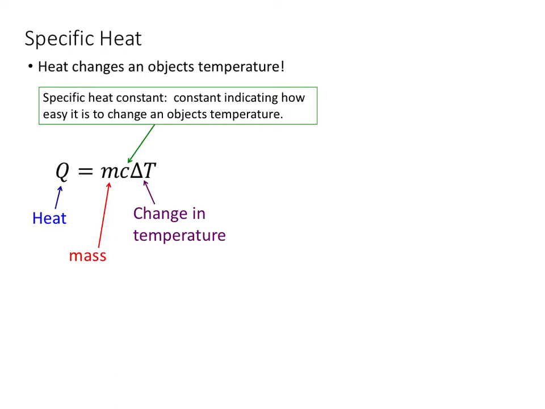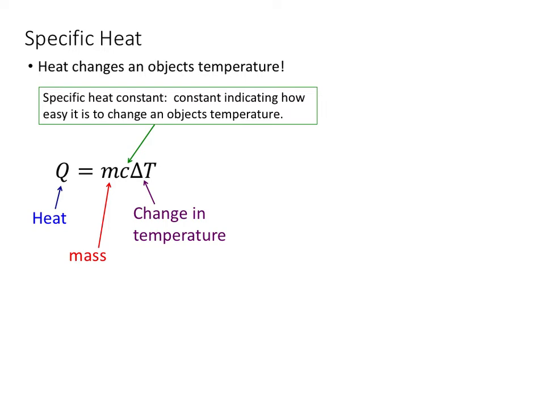specific heat of a substance, essentially tells us how easy or difficult it is to change the temperature. And it's specifically for solids and liquids defined as the amount of heat energy required to change the temperature of an object by 1 degree Celsius.